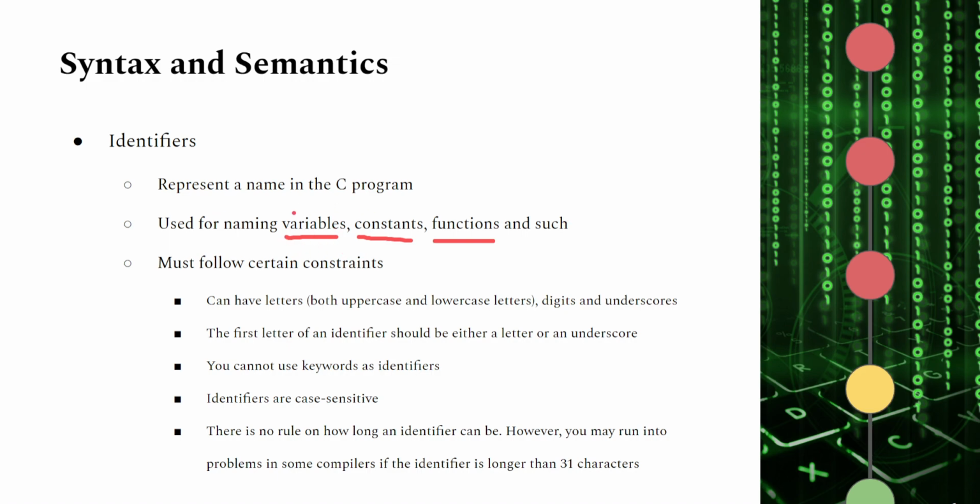But so far we have only studied variables, so I will explain identifiers based on variables. The rules that I will be discussing apply similarly to constants, functions, and the others mentioned, which are all together called identifiers. So while saying identifiers, I will be mainly discussing some rules regarding variables.